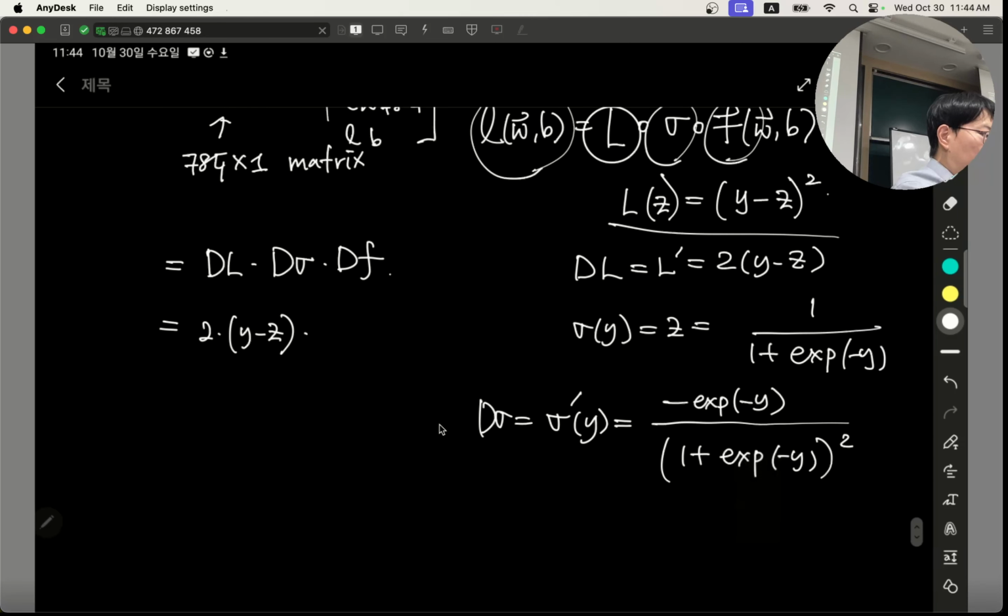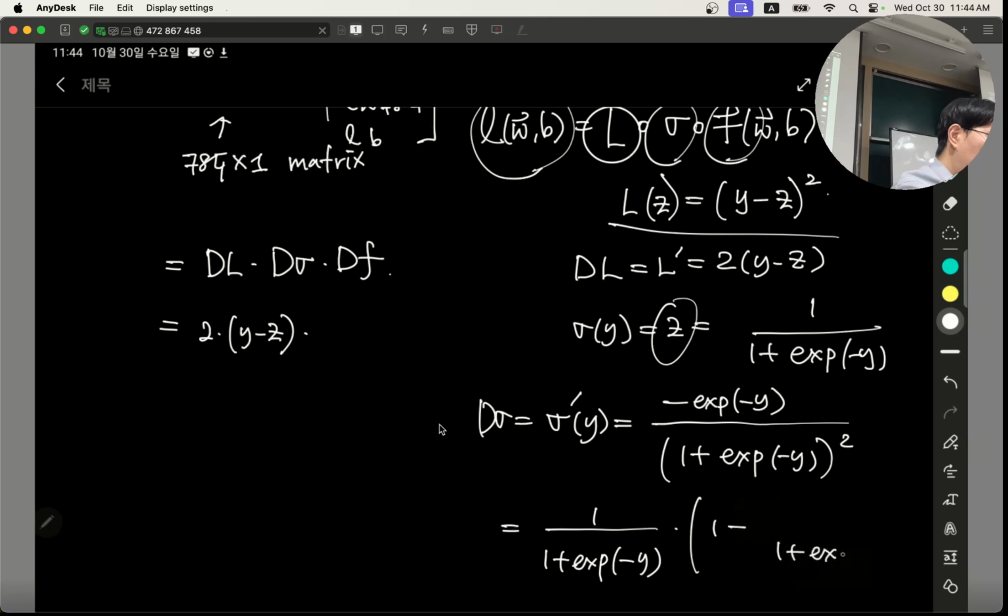The interesting part is you don't need to compute the exponential again, because you already computed it when you found z. So this can be interpreted as 1 over (1 plus e to the minus y) times (1 minus 1 over (1 plus e to the minus y)).